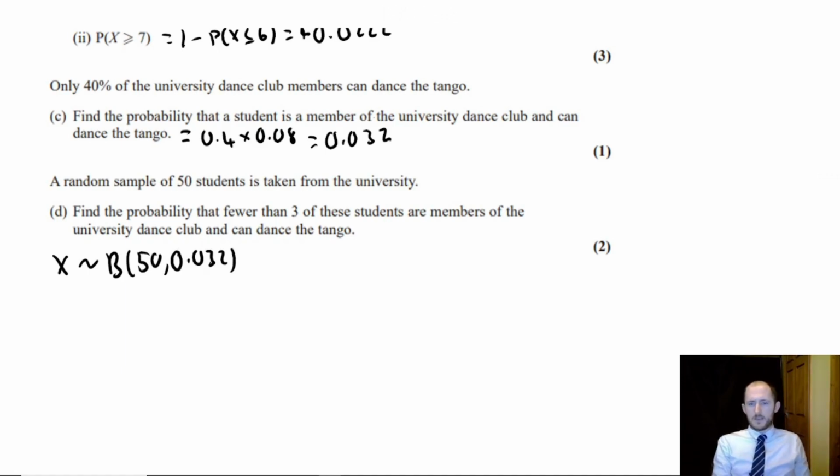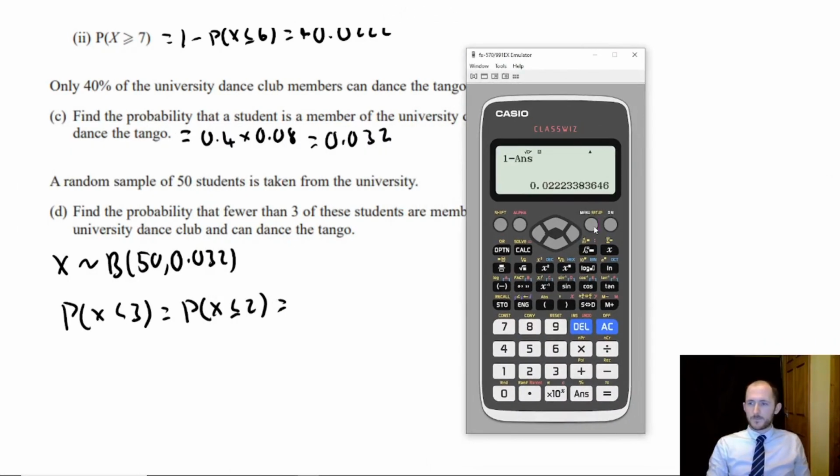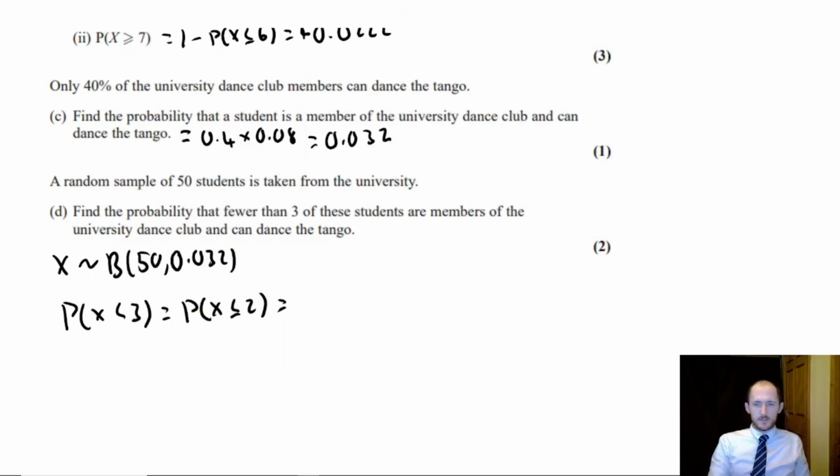So fewer than 3 people means that you're working out up to 2, because again, we always have the less than or equal to. Binomial CD, variable, we've got 2, 50, and 0.032. You need 0.7851.